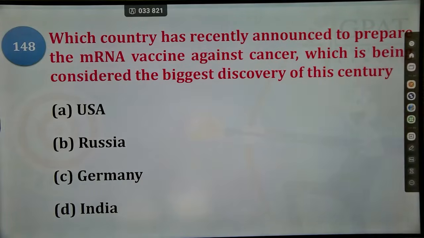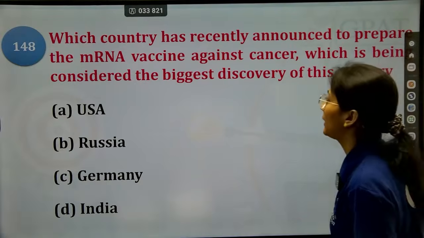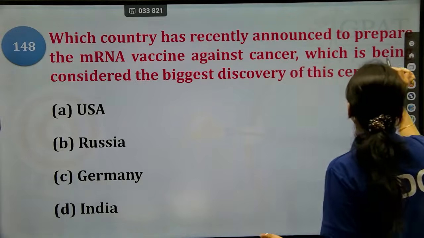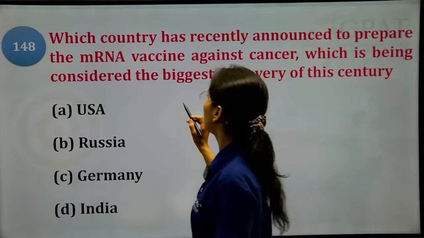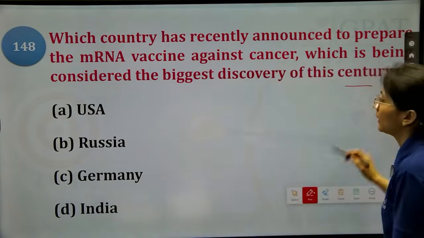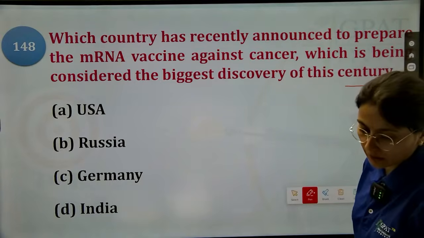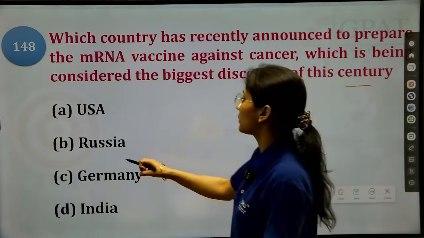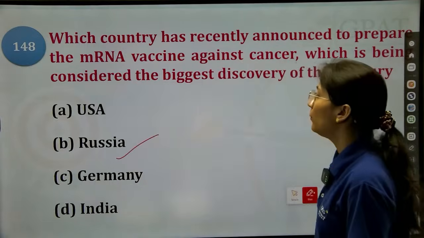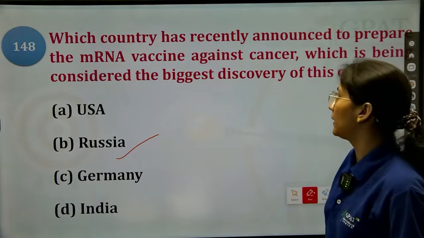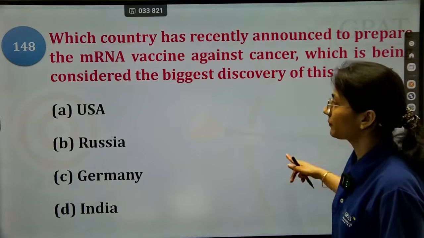Which country has recently announced to prepare an mRNA vaccine against cancer, which is being considered the biggest discovery of this country? USA, Russia, Germany, India. That is option B, Russia. So Russia discovered an mRNA vaccine against cancer.